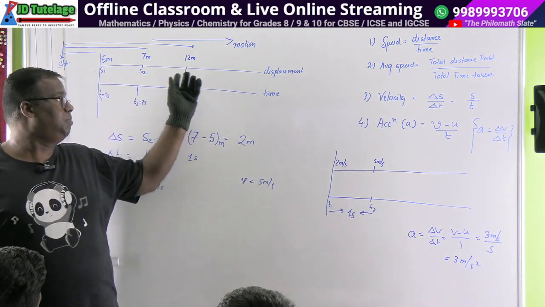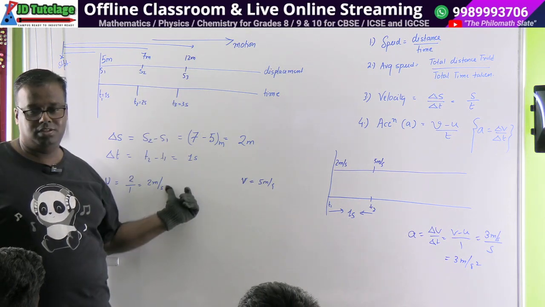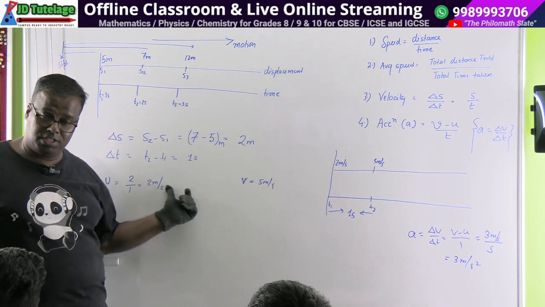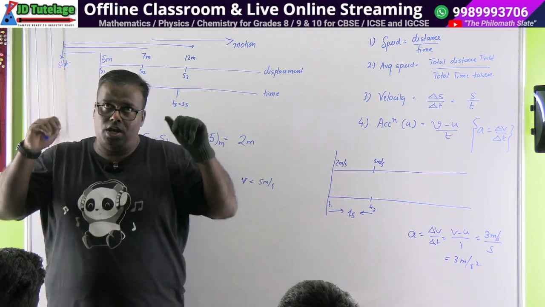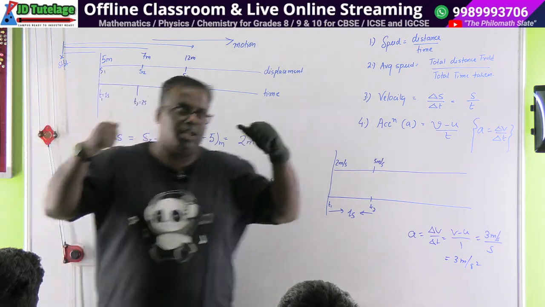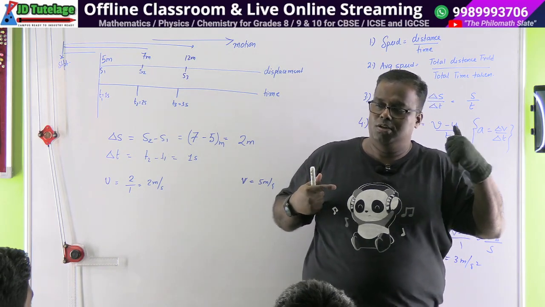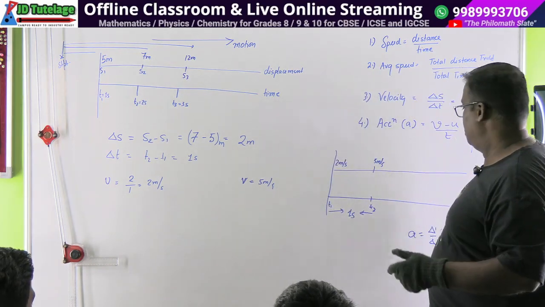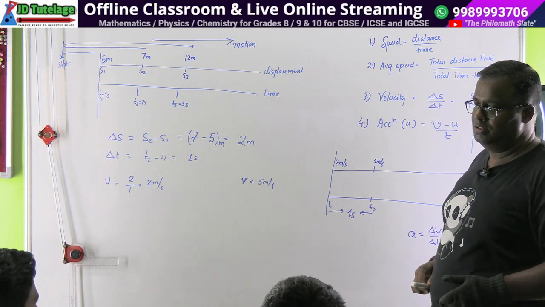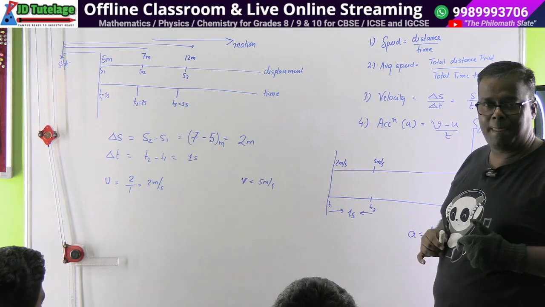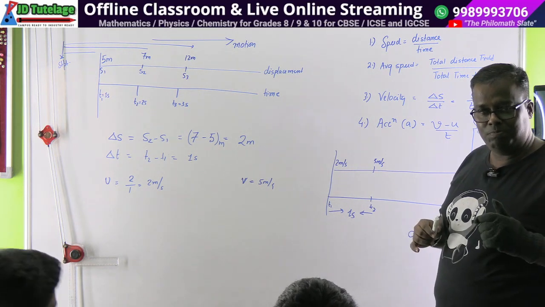What was your velocity here? How much did you calculate? 2 meters per second. I am right now at 2 meters per second. In the next second, my velocity increases by another 3 meters per second. What is my velocity now? 5 meters per second. Are you getting the feel?